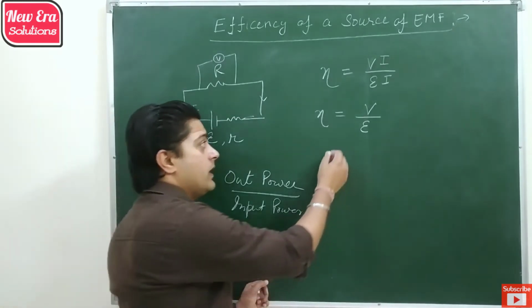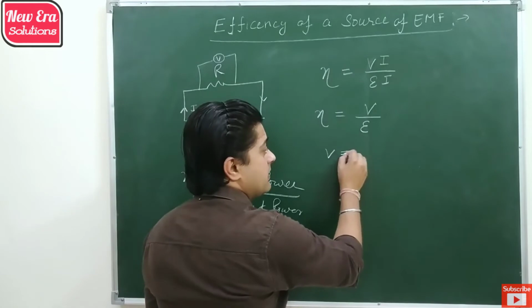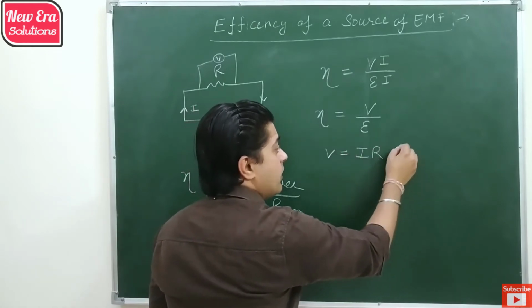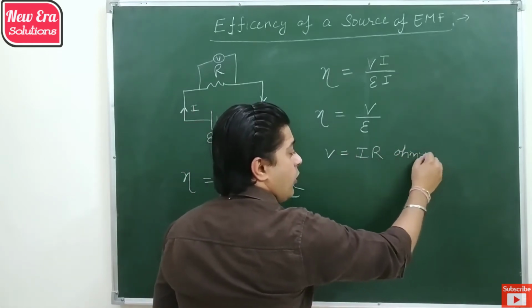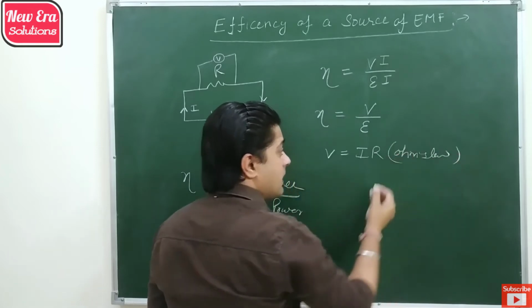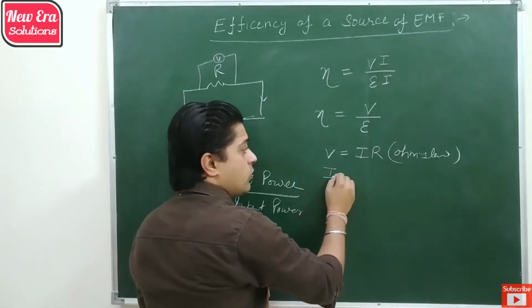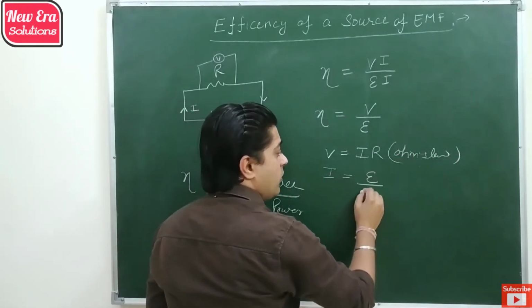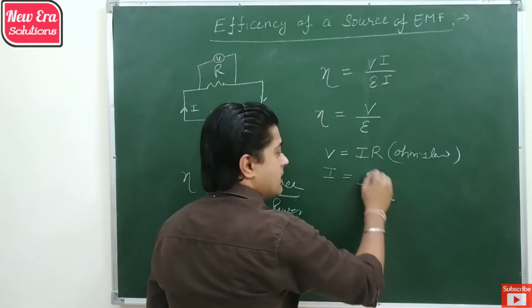We also know that potential is equal to I into R from Ohm's law, and the current is the total EMF upon the total resistance.